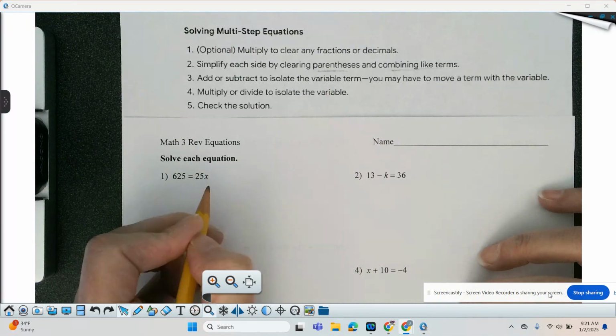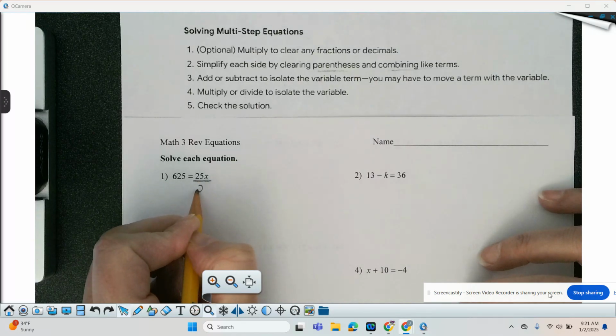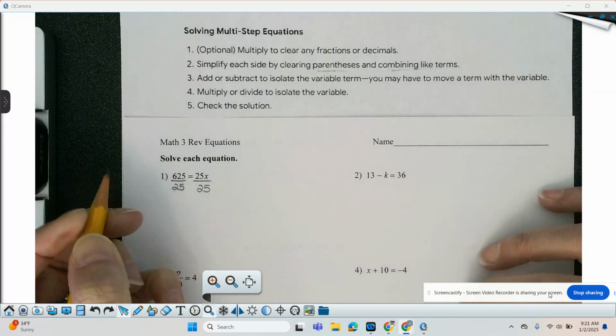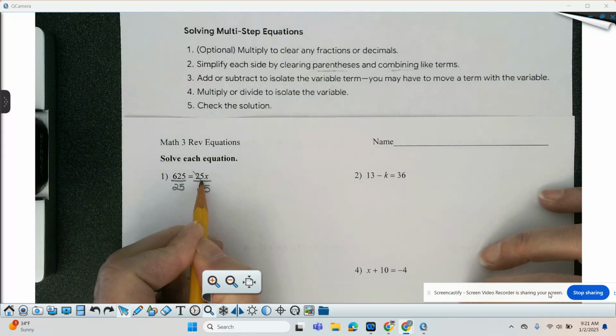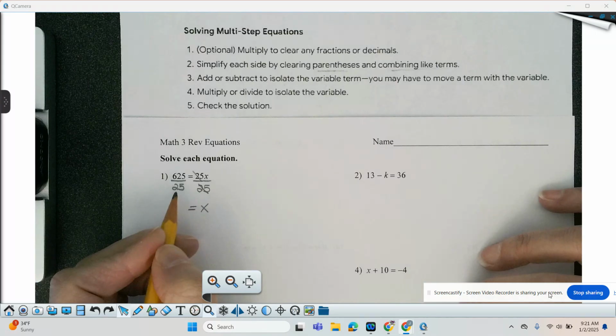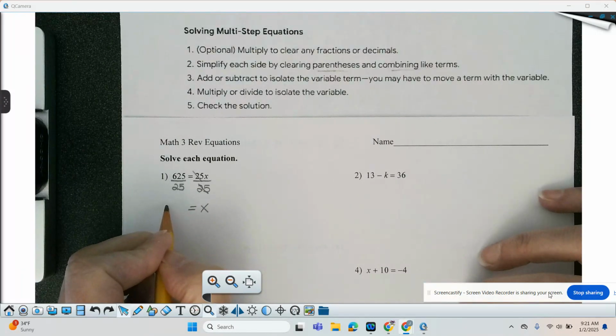So instead of multiplying, I'm going to divide both sides by the thing that I want to disappear. Now the 25s are going to cancel out, and that's going to leave me with x equals, that's what I want on one side. And then 625 divided by 25 is actually going to be 25.